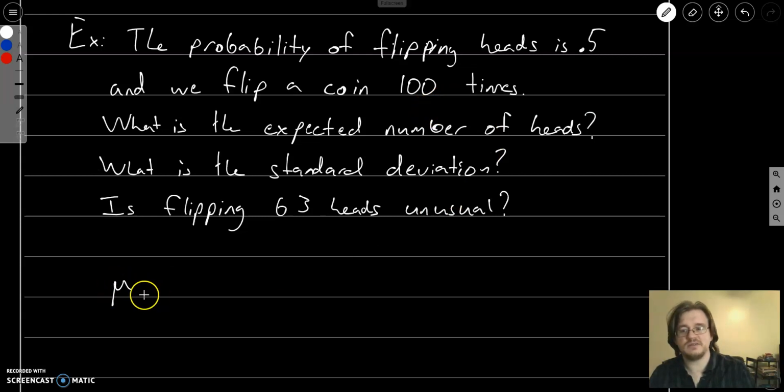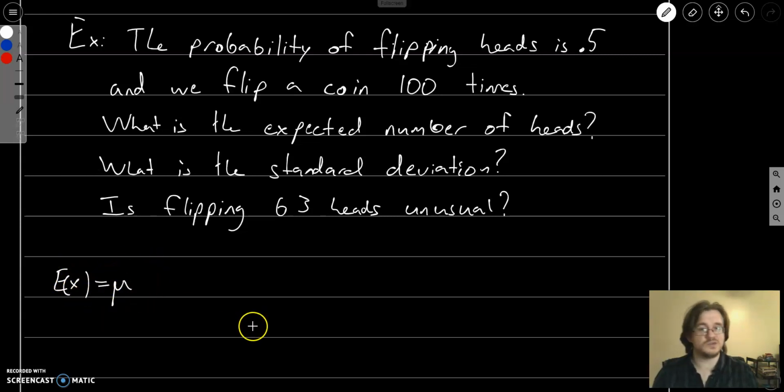The expected value of a distribution is equal to its mean, and the mean is just going to be n times p.